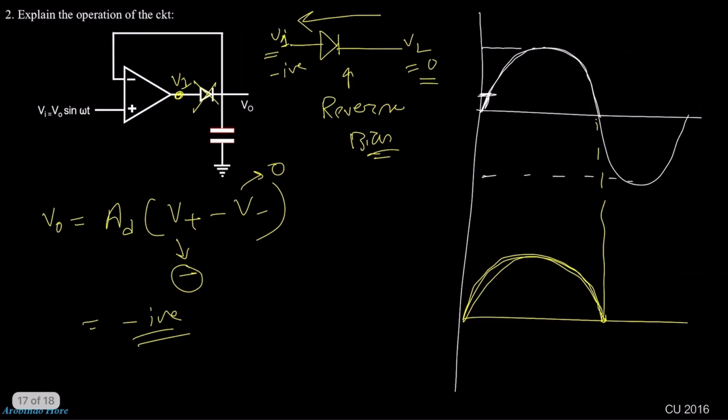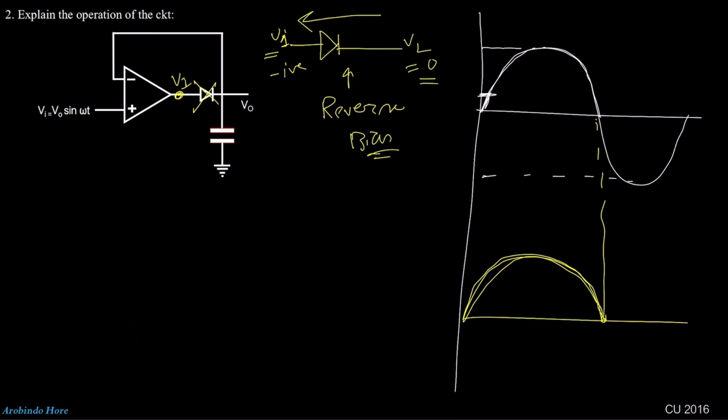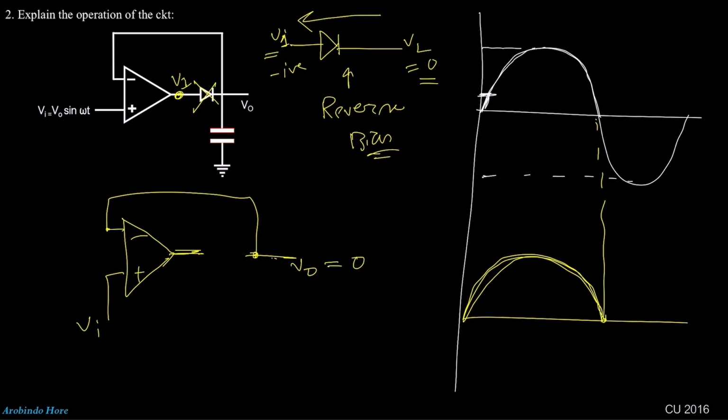I will just redraw that again. Suppose the diode is off. Then the circuit will look like this. This is plus, this is minus, Vi and V0. So V0 is not connected with the op-amp output, and in the negative terminal I didn't give any voltage. That means V0 should be 0. So what we will get? We will get 0 here, and then again a positive, and again a positive.